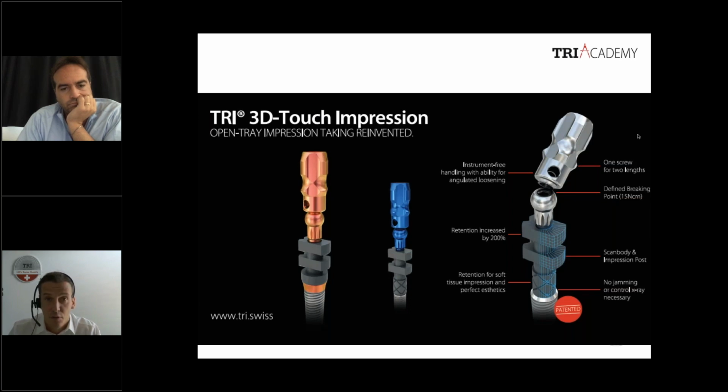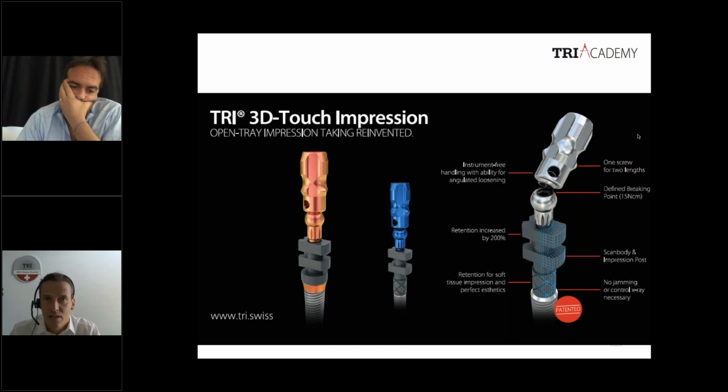It is the first open tray impression post worldwide where you don't need a screwdriver anymore. You have this handle on top, you use it easily in the patient's mouth, you screw this open tray impression post into the implant and tighten it, and in the final moment you break the handle part off, and then you have a scan body.